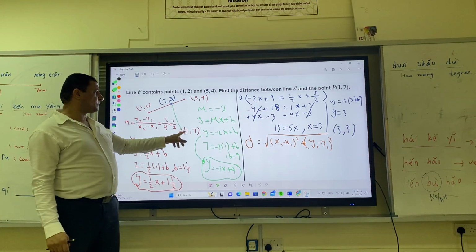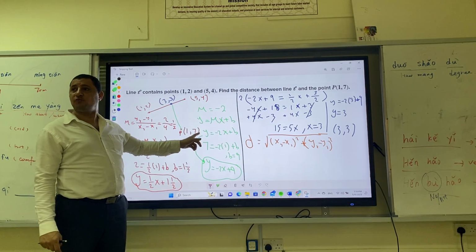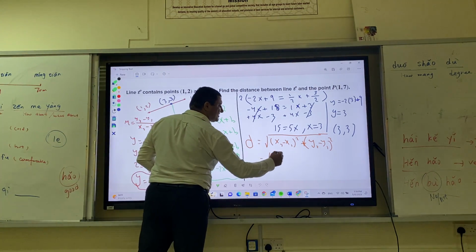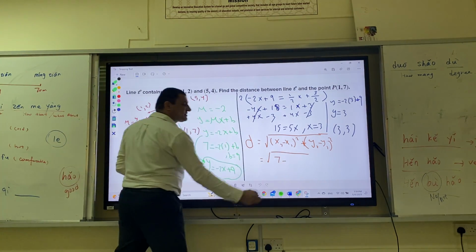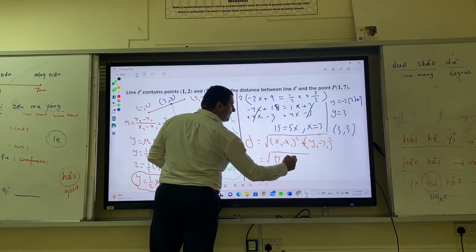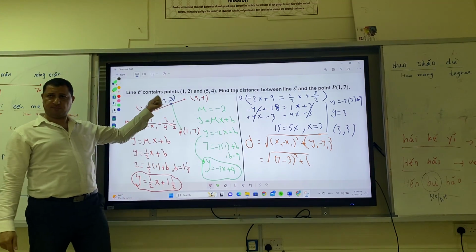Now I will consider P as the second point. So x2 is 1, and y2 is 7. So the distance is the square root of 7 minus 3 squared added to 1 minus 3 squared.